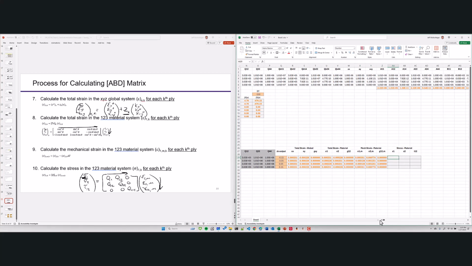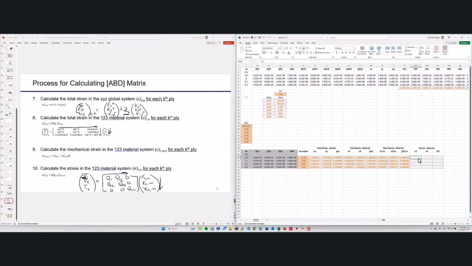Let me show everything I'm going to need. There we go. So, equals E1 mechanical times Q11 plus E2 mechanical times Q12. There's a 0 in the next one, so I don't need to do anything, and there's my stresses. And then this is going to be equal to, what do I got here?